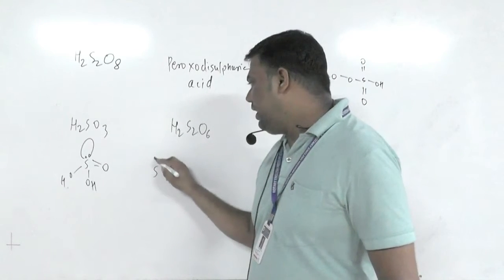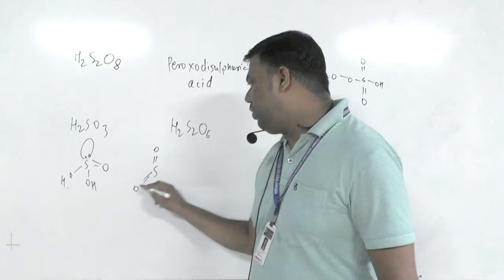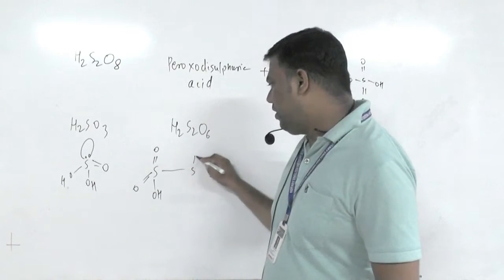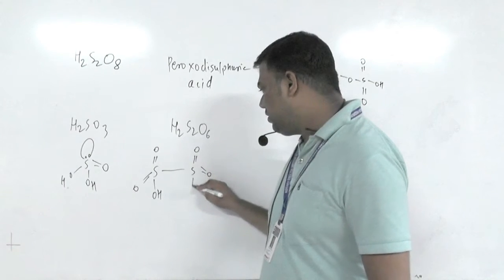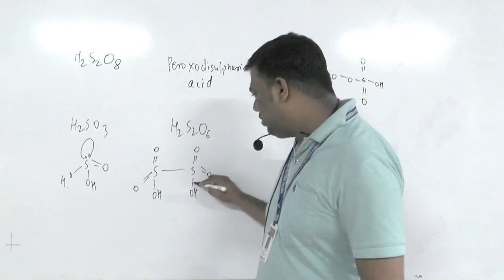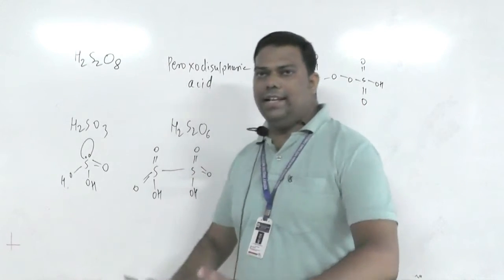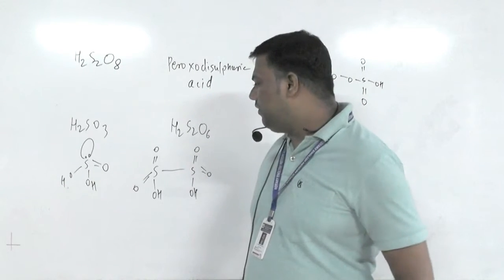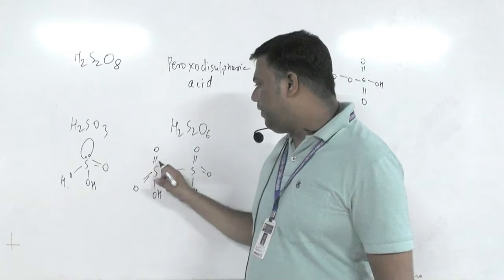So say S double bond O. Here OH, sulfur like this. See 1, 2, 3, 4, 5, 6. Yes, our sulfur is balanced. Now we have to check this sulfur, 1, 2, 3, 4, 5, 6.